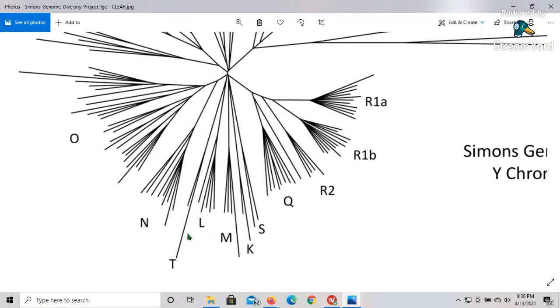But the point being is that, let's say the Neanderthals broke off here and went extinct, how are they going to know what their Y chromosome would have been today? There's no possible way that they could even know what their Y chromosome could have been or would have been today.